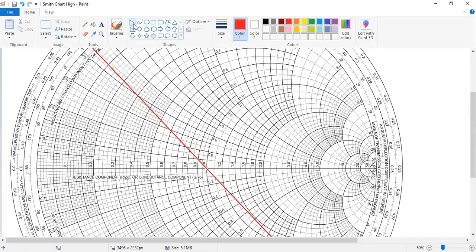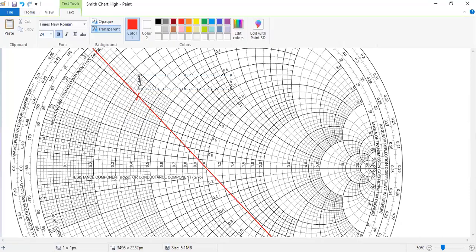So I'll make this by this line. Whatever this line crosses, that is your YL. So I'll put this as the YL.